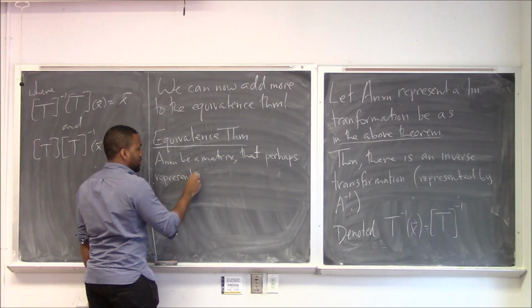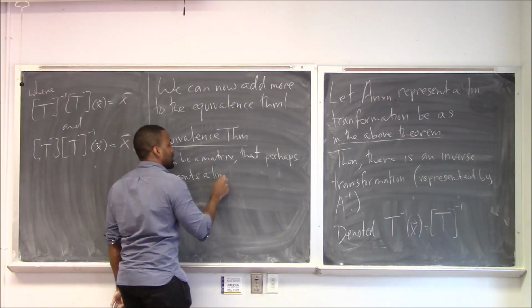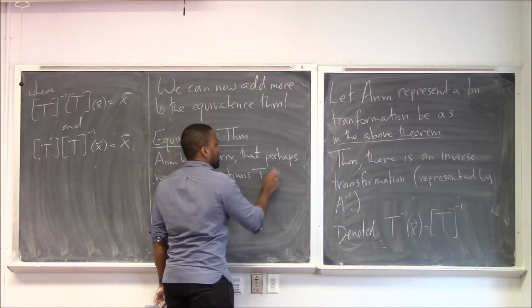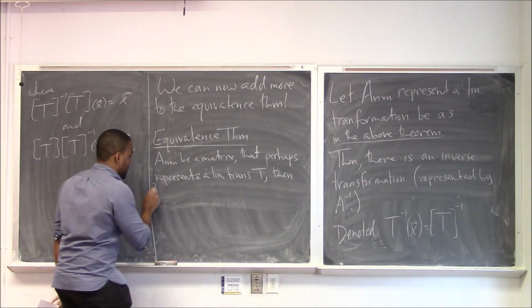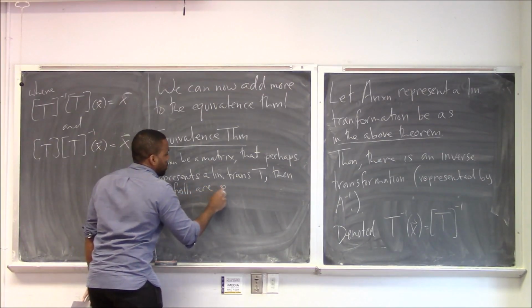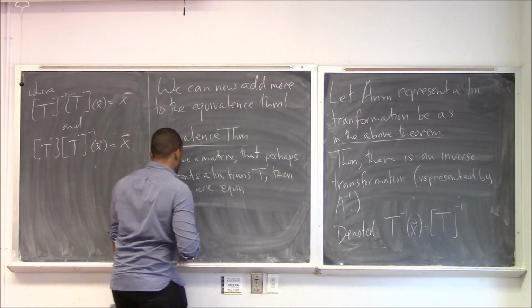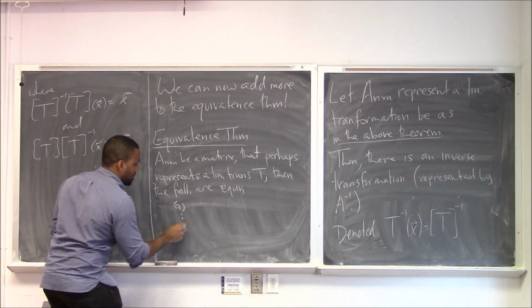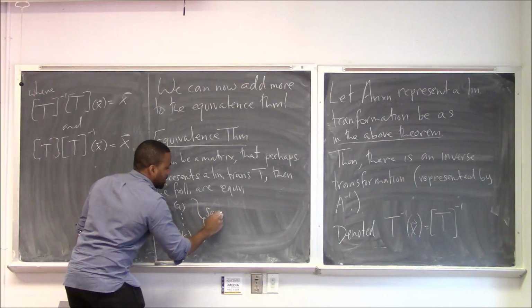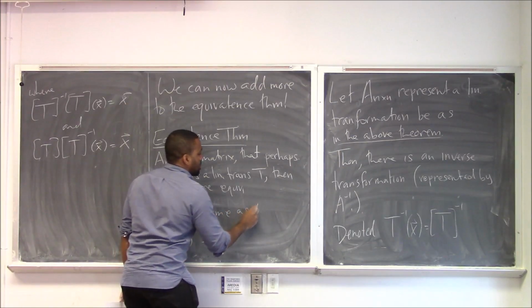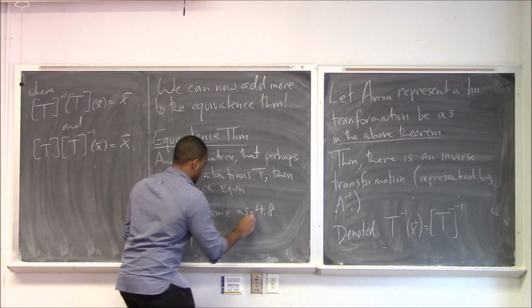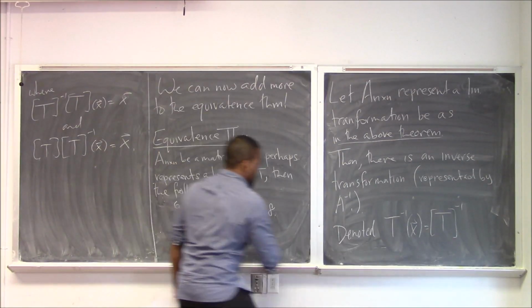So you can take it or leave it. Then the following are equivalent. We had A all the way through K, same as before. So same as in 4.8. Now let's add some things to that.